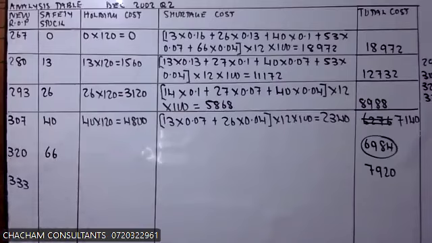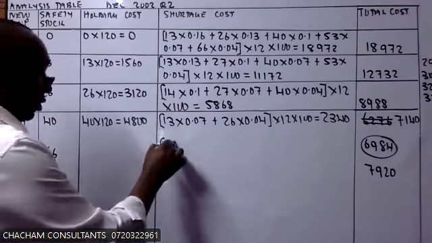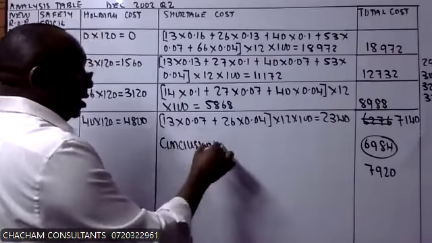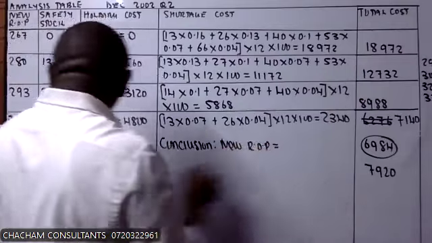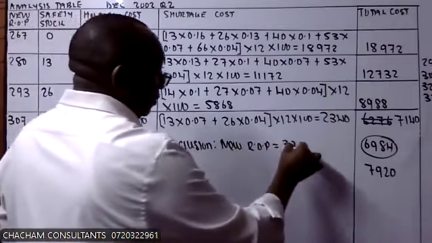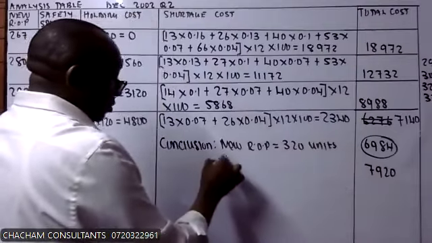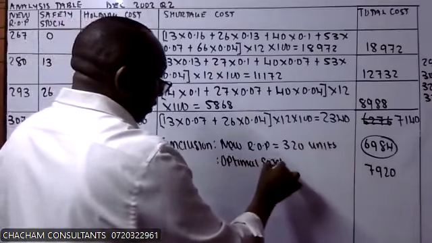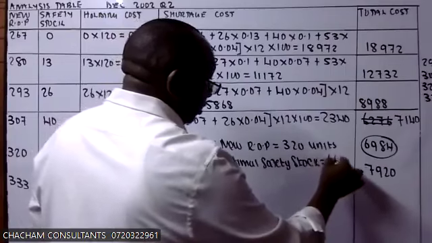So if it's giving us a safety of 66, in our conclusion, I've told you you should give us 3 things. 1, new reorder point. So our new reorder point is then 320 units. You should give us optimal safety stock. Optimal safety stock is now 66 units.